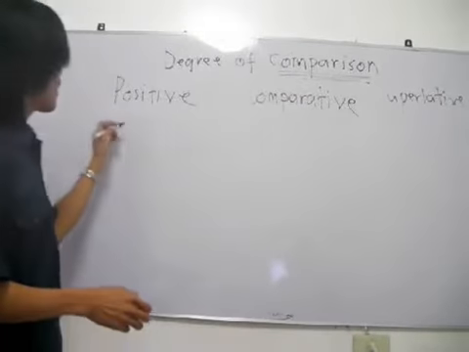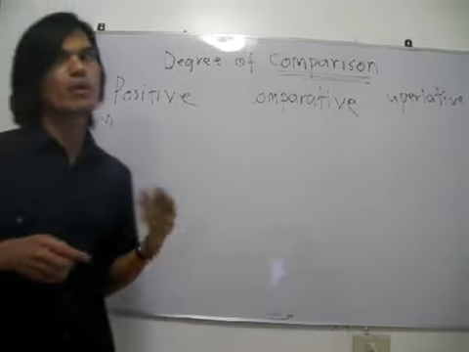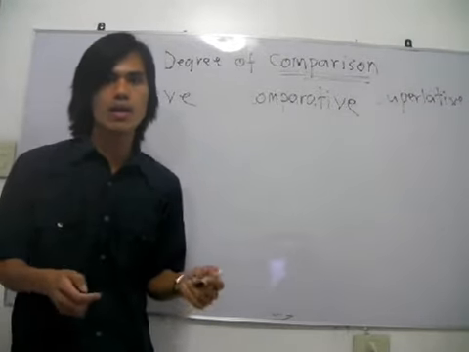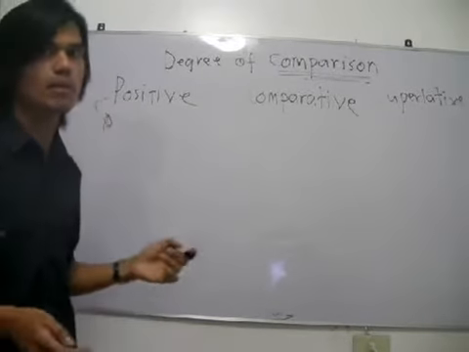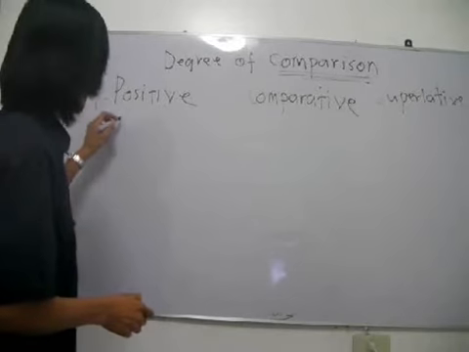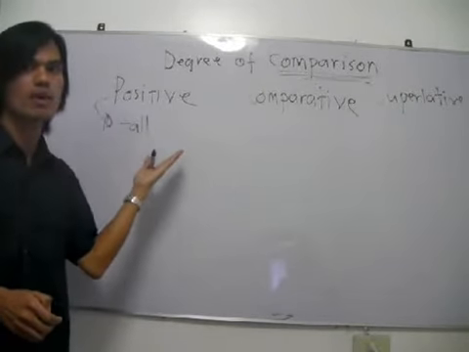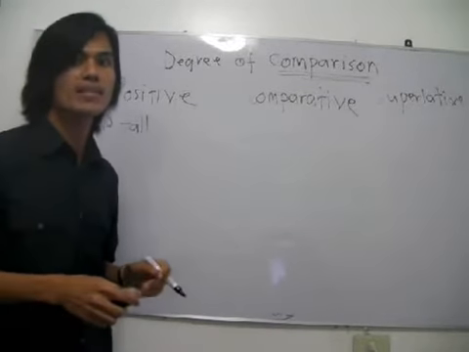Okay. Now, under positive, here we are not going to compare anything or anyone. We just simply write the word, for example, tall. Okay, that is under positive. We are just talking about one person or one thing.